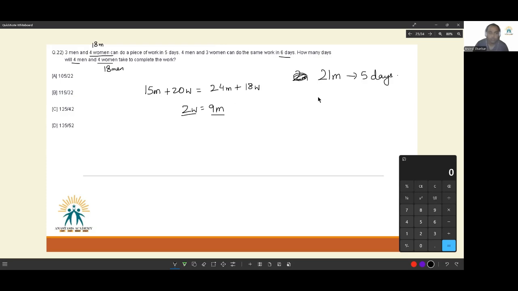So in how many days will 22 men do it? Okay. So it will be 5 into 21 by 22, which is equal to 105 by 22. So the correct answer is option A. And that is it. We don't need to solve any further.